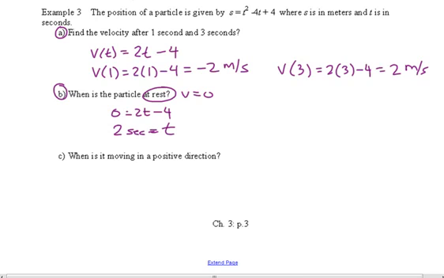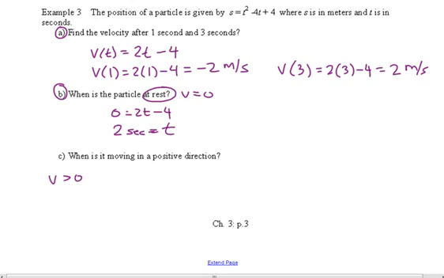Okay, when is it moving in a positive direction? So what can tell us when we're moving in a positive direction? Let's use an inequality here. That's towards the origin or away from the origin. You could either do when s is greater than 0 or when v is greater than 0.